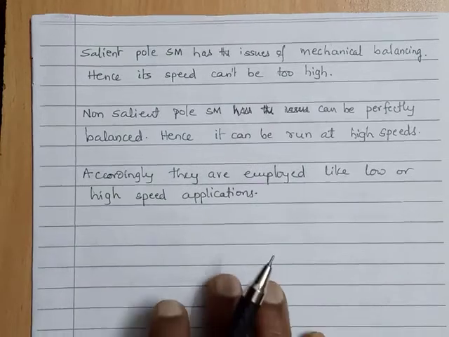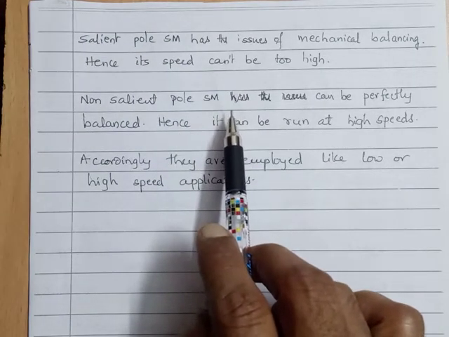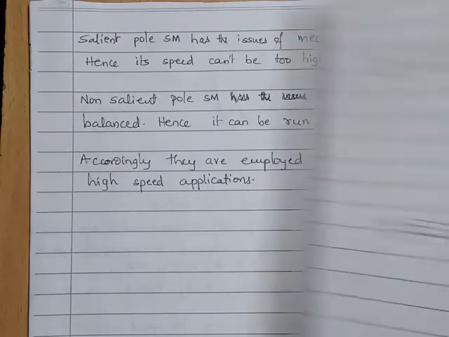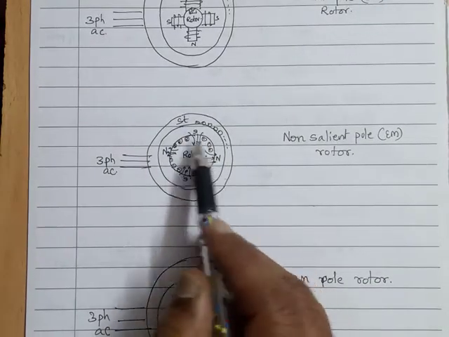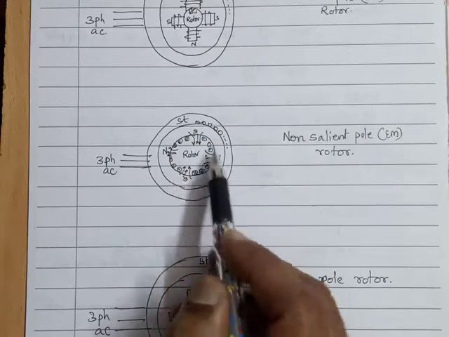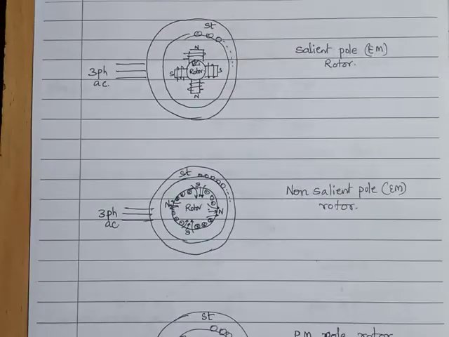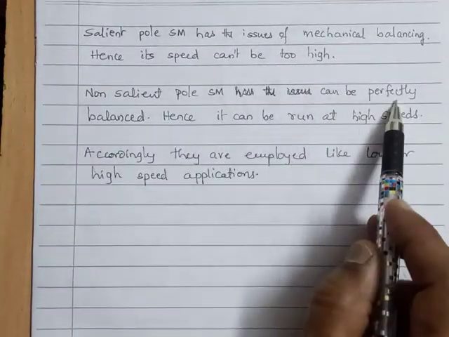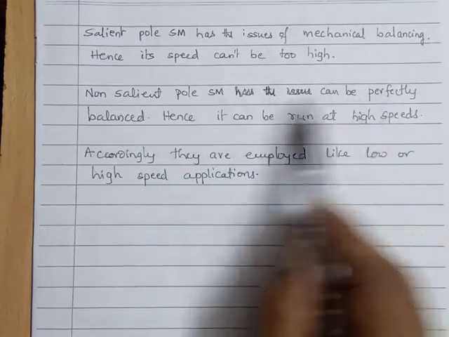Whereas in contrast, the non-salient pole synchronous motor can be perfectly balanced. See here, in this non-salient pole you have a perfect circle, nothing is projecting, so machining can be done perfectly. It will not pose a problem like this. Hence the balancing will not become an issue, and it can be done very perfectly.